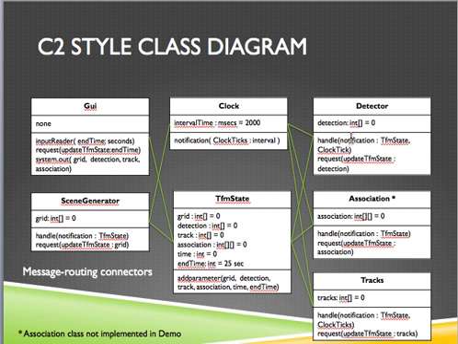The detector here will get notifications from the track file manager state and the clock saying, hey, there's information available, and then the detector will update the track file manager state with the detection information. Similarly, the association and tracks methods will do their own requests to update their association and tracks.